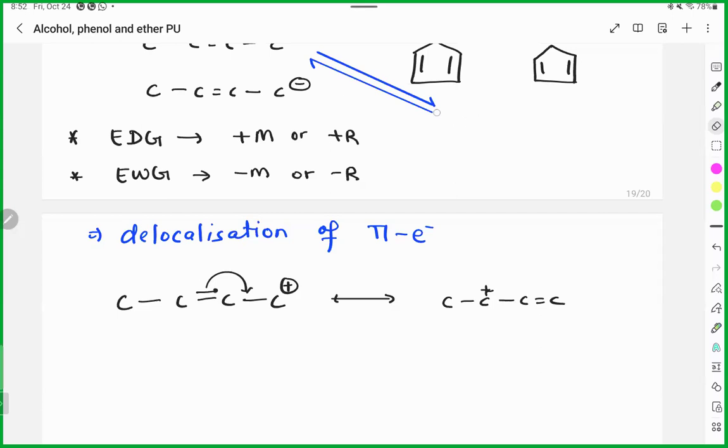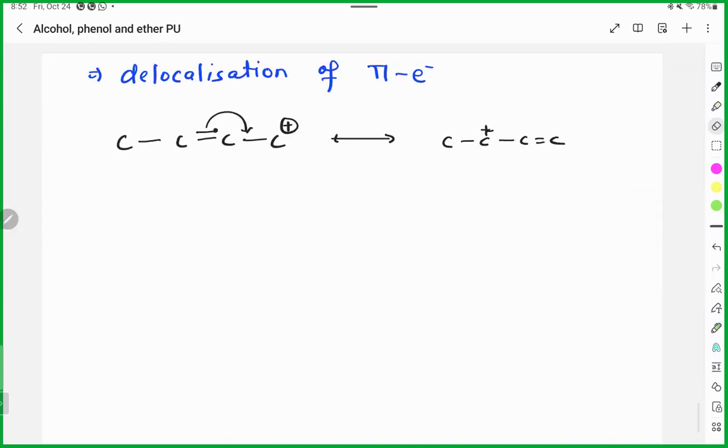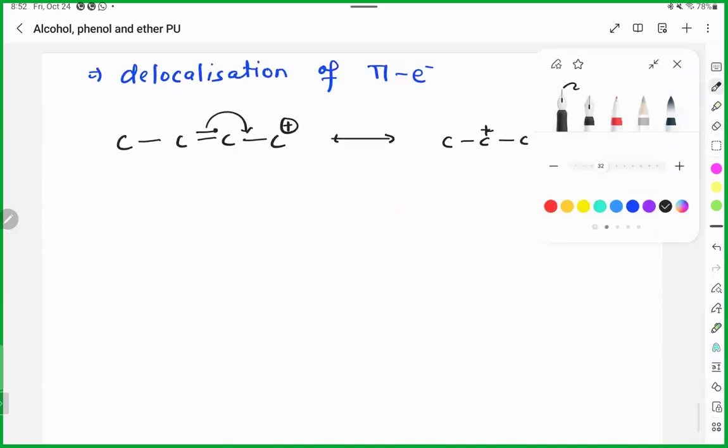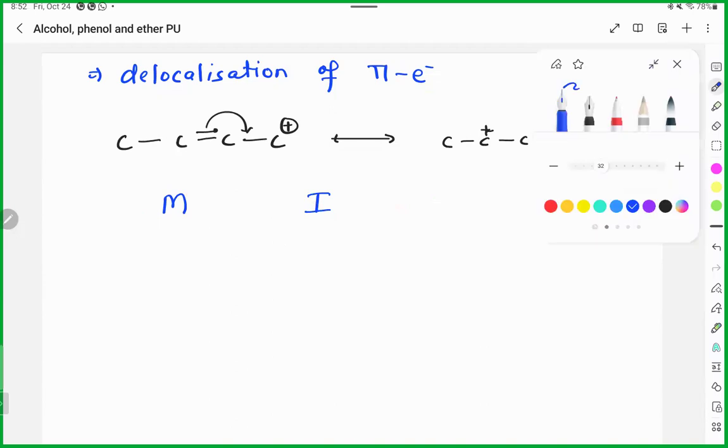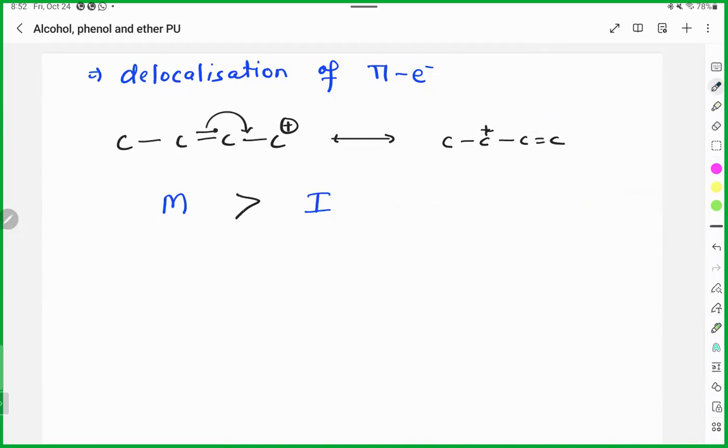Move to the specialty in case of resonance effect. It is very strong. If you compare two effects, resonance effect and inductive effect, which one will be stronger? The answer is always resonance effect.